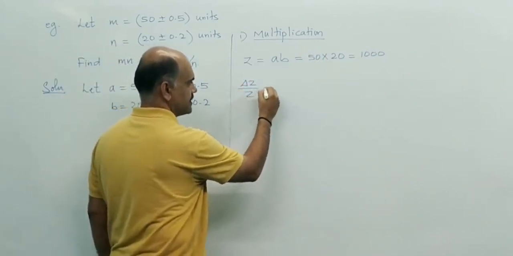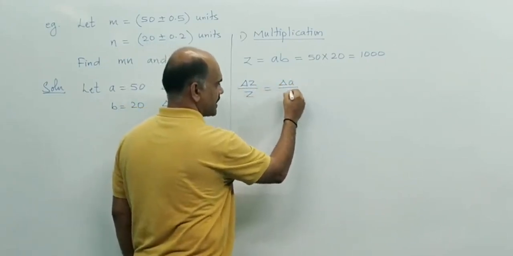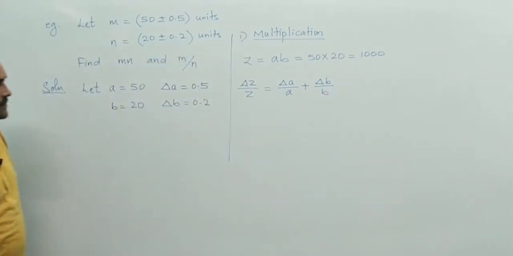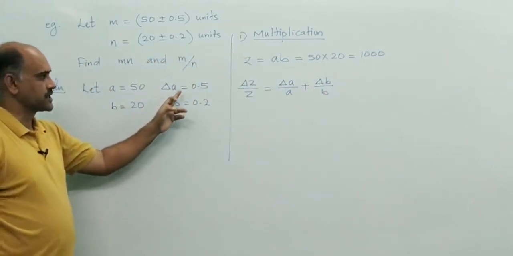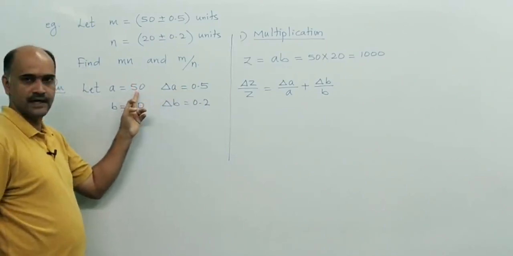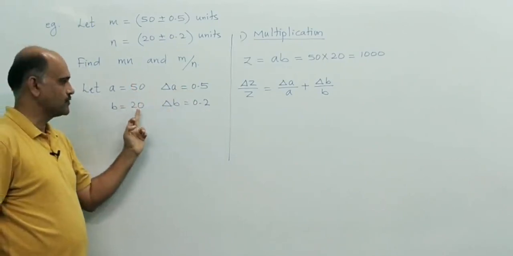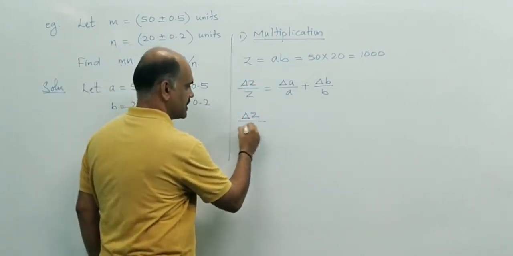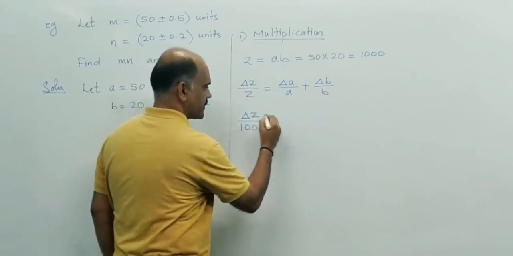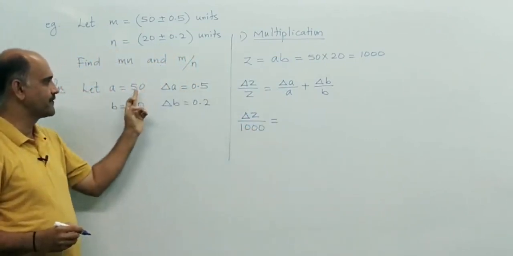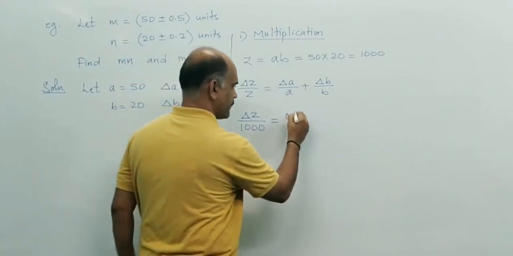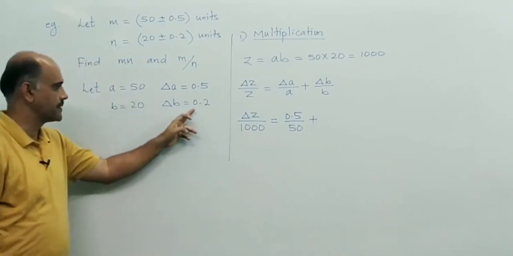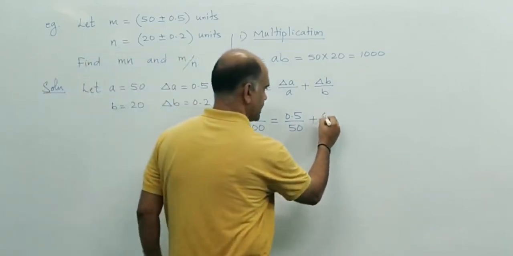Delta Z by Z is equal to delta A by A plus delta B by B. Now substitute: delta A is 0.5, A is 50, delta B is 0.2, B is 20, and the Z value we are having. So delta Z divided by 1000 is equal to 0.5 divided by 50 plus 0.2 divided by 20.